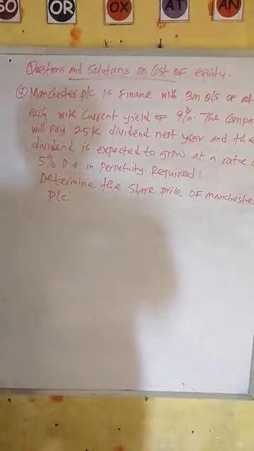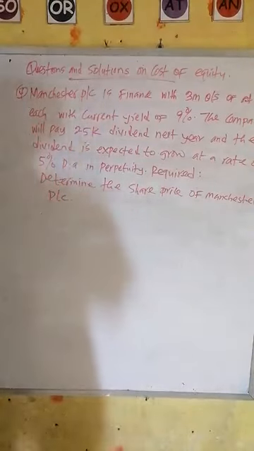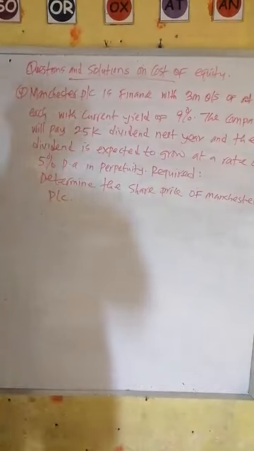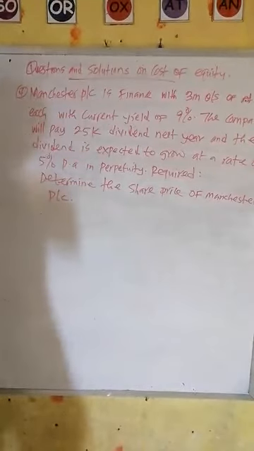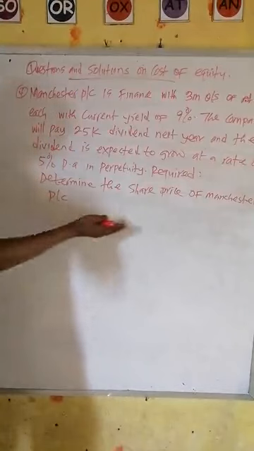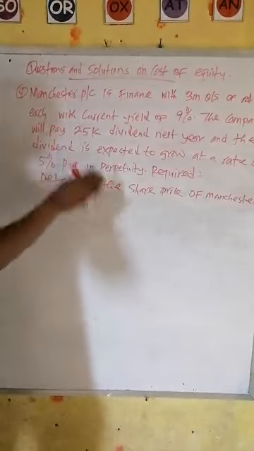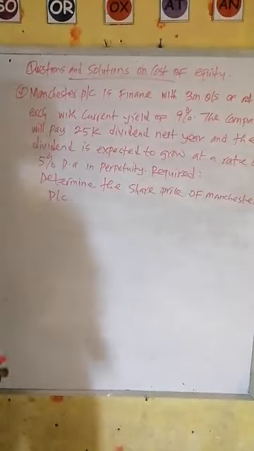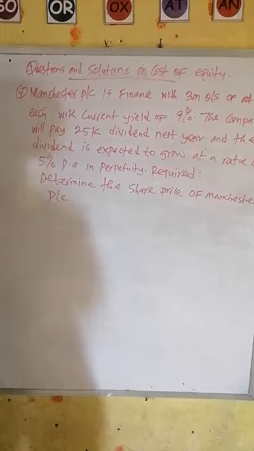Okay, so let's follow our steps in solving the question. So we don't need to be writing all the formulas here again. By looking at the question critically, we tend to know the formula to use. Now, the first question to ask ourselves is, is there any growth in this question?